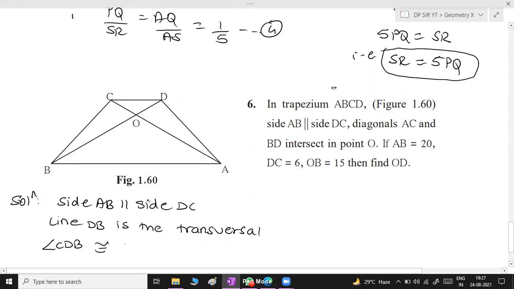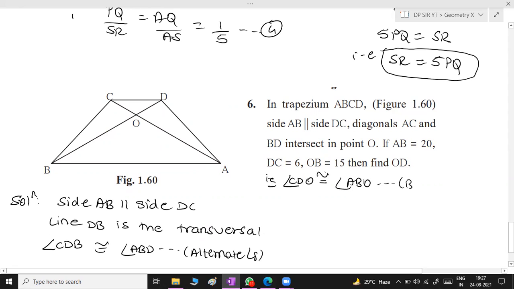Do tell me the reason why. Angle ABD, because they are alternate angles. Now since they are alternate angles, I can also write it as angle CDO will be congruent to angle ABO, since B-O-D are collinear. Let this be my equation number 1.